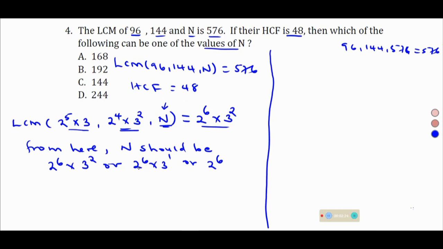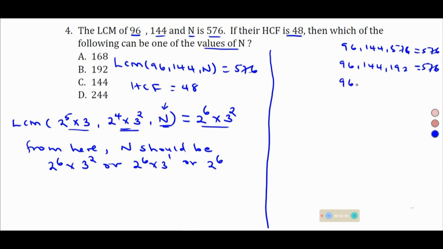If you consider 2 to power 6 times 3 to power 1, this one here will give us 192. When you get 96, 144, and 192, this one will give you 576. Now, when you take 2 to power 6, 2 to power 6 will be 64.